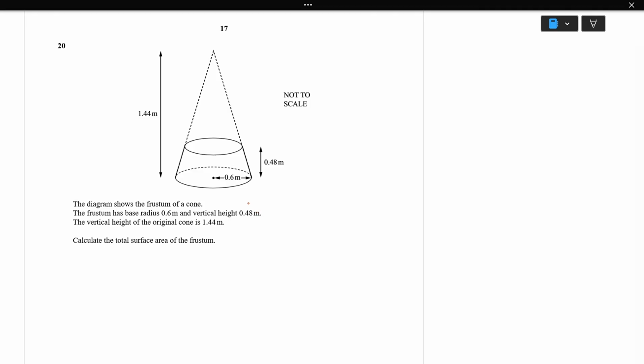For the big cone, the height is going to be 1.44. The small cone's height is going to be 1.44 minus 0.48. So this is the scale factor, between the big one and the smaller one.